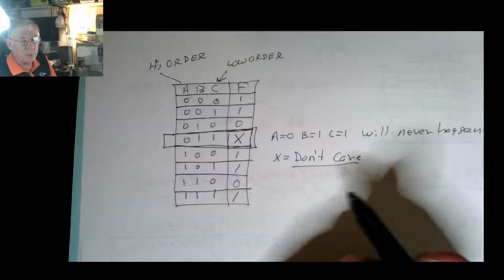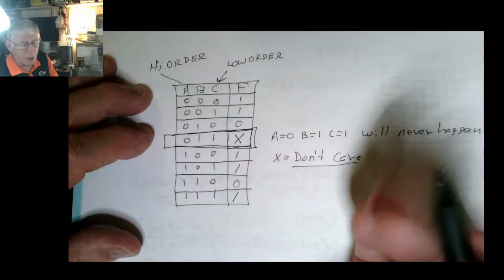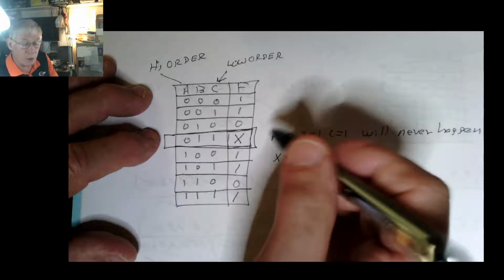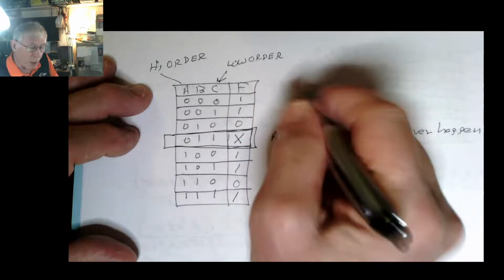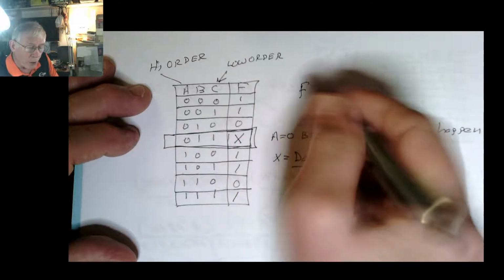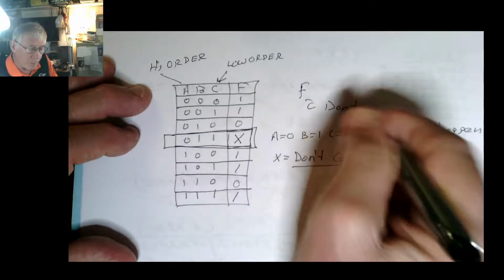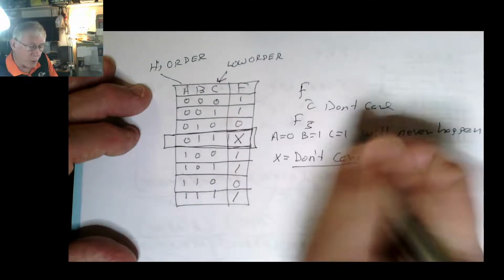Now, the way you have to solve this, and we'll talk more about this, with a K-map it's easy, but if you don't have K-maps, then you actually have to do two expressions for F. You have to write an expression for F with the don't care, and an expression for F without the don't care.